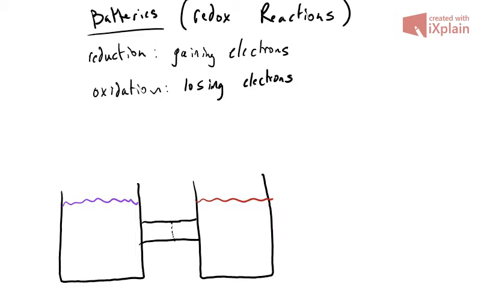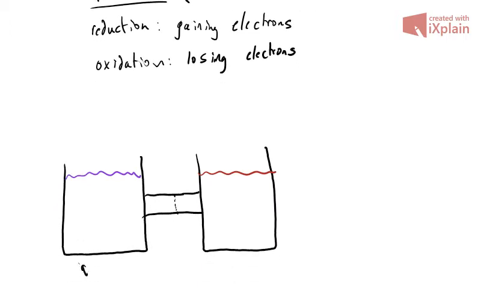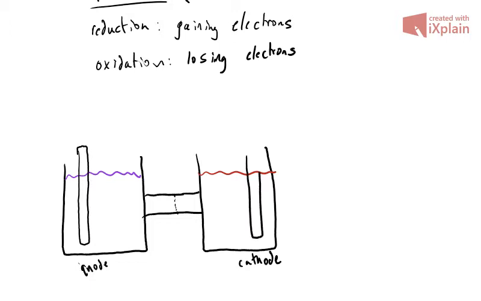Okay. One of them is the anode, and the other is the cathode. And here we are talking about little strips of metal that are put into these containers so that these half reactions, is what they're called, can work.